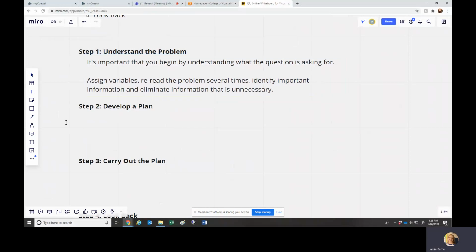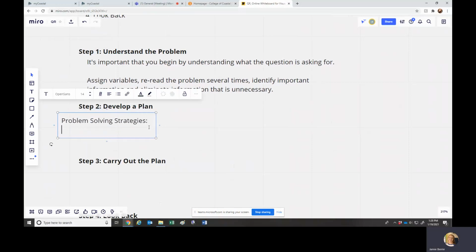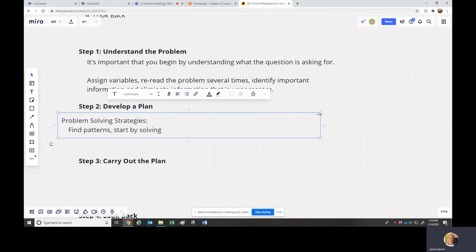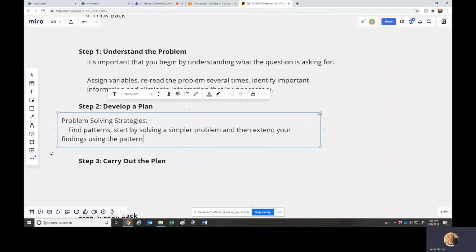The second step, once you understand the problem fully, is to develop a plan for solving the problem. There are a lot of different problem-solving strategies that your book lists. I'm just going to write out some of the ones that I think are most useful. You can look for patterns: start by solving a simpler problem, and then extend your findings using the pattern you identified.